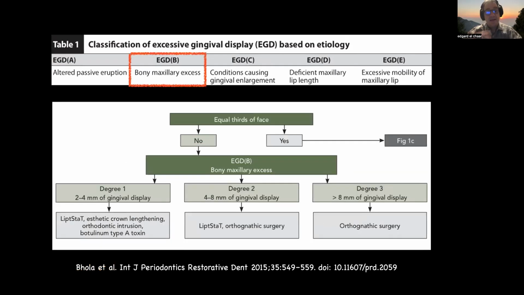Then we go to the bony maxillary excess. When we are dealing with a bony maxillary excess, that means you have a skull deficiency, meaning the maxilla is longer. And that cannot be corrected by just lifting up the gums or playing with the lip.